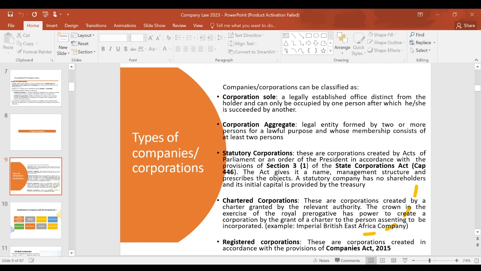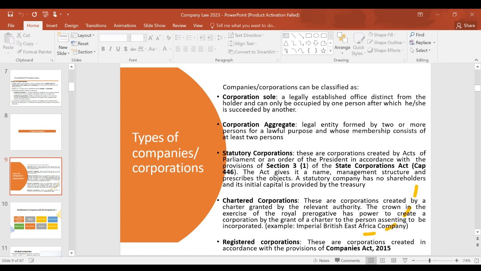But mostly they are brought into existence through an act of parliament. It has no shareholders, and its initial capital is always donated or given by the treasury of the country. So it has no shareholders.